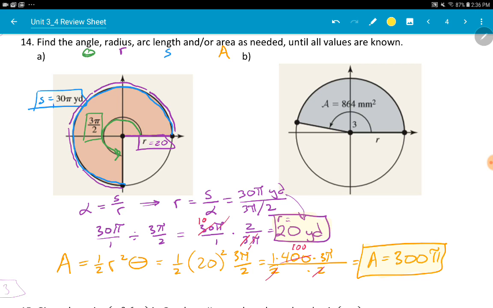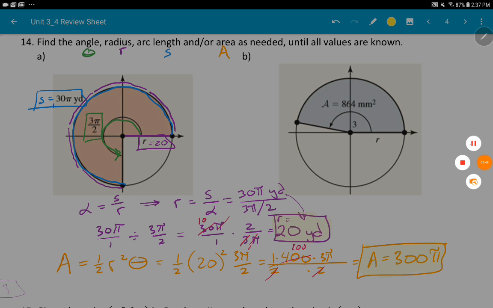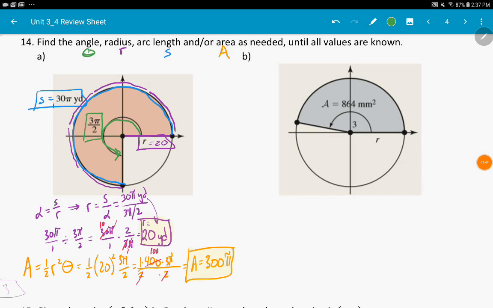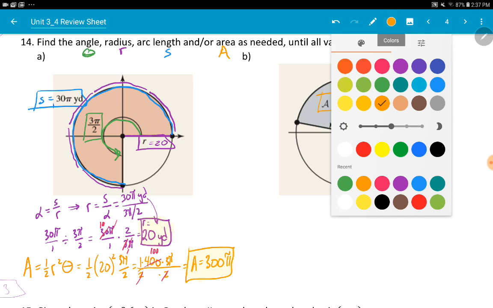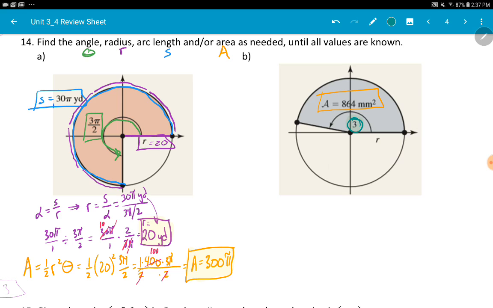And then going on to part B. I'll just squish that up on the left under A so I have some space to do part B. So in B, we have the area, 864, and the angle of 3 radians.